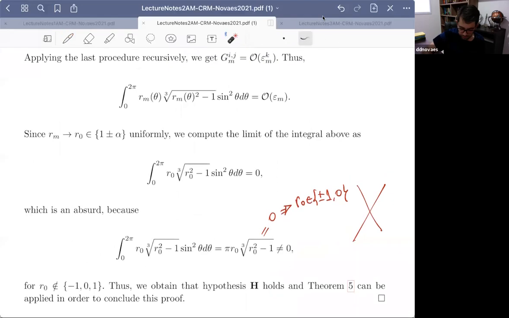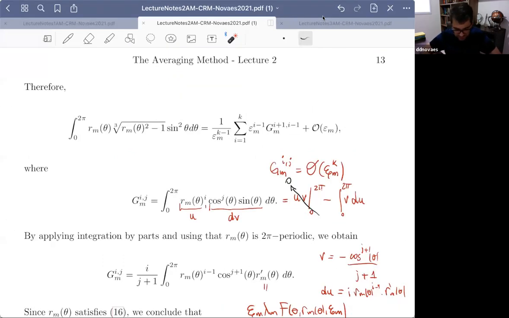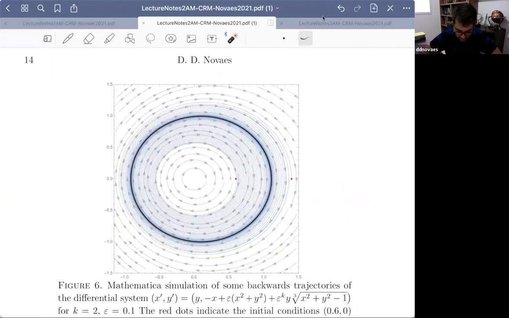Therefore, hypothesis H must hold for the difference equation that we are dealing with. And theorem 5 can be applied in order to conclude the proof of this theorem and obtain the existence of a periodic orbit converging to SE1 uniformly as epsilon goes to 0. So this is the complement of the last lecture, which was missing.